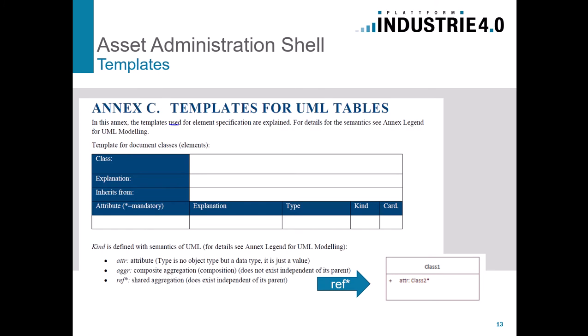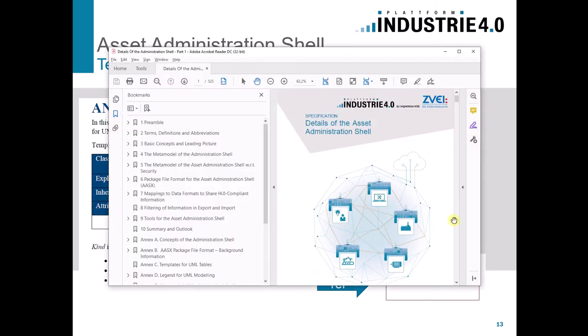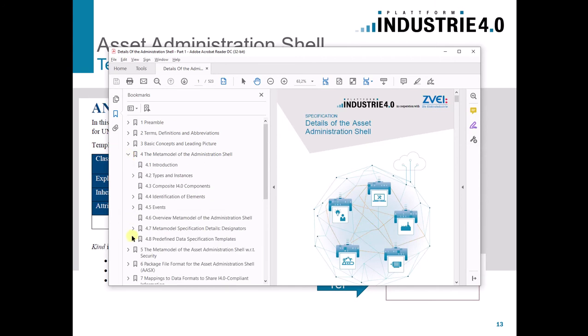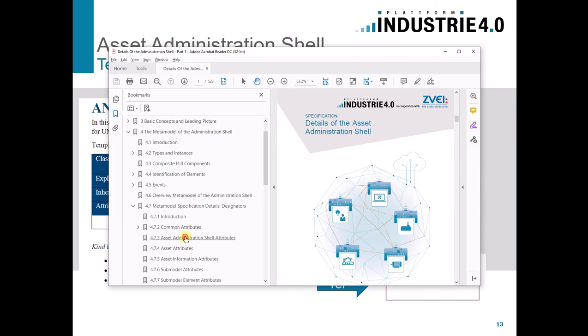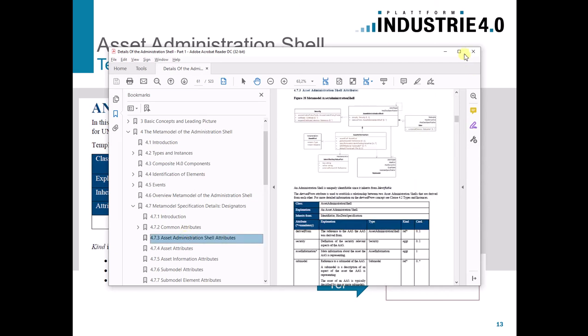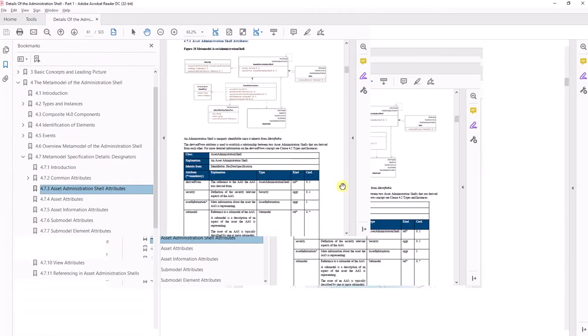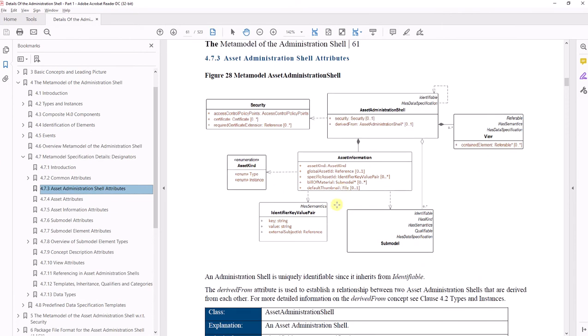Perhaps we just have a look at the specification itself. The UML specification you find here in chapter 4. If we have a look, for example, at the asset administration shell, that's the way it's always explained. It starts with an overview of the classes. Here is the class asset administration shell with all its compositions and aggregations or shared aggregations.